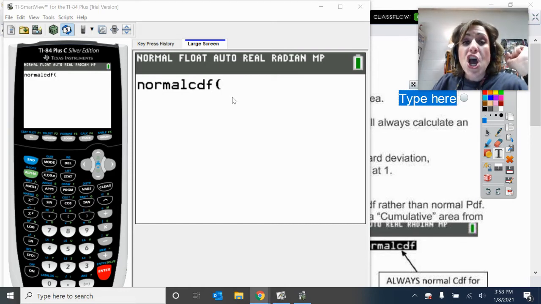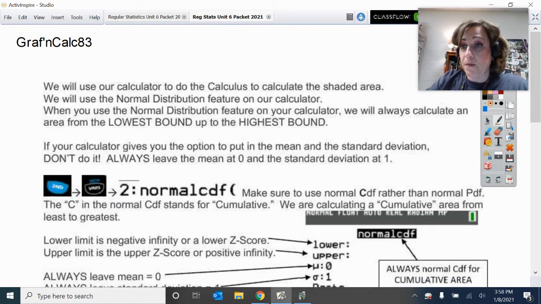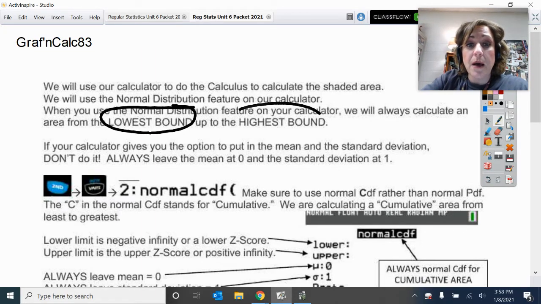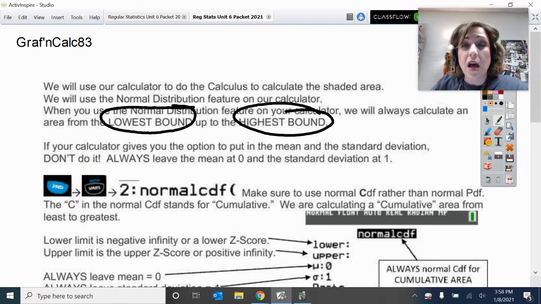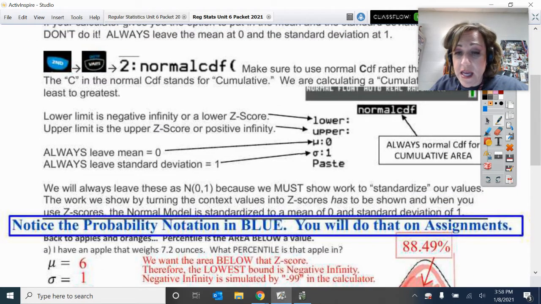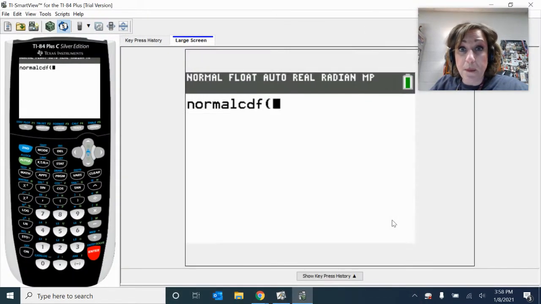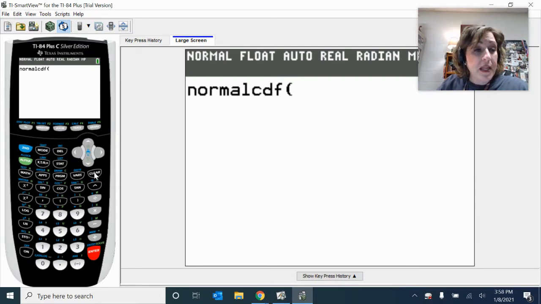When this shows up, we will always type in the lowest bound, where we want to go up to the highest bound of what we want to calculate. Now, if you happen to have the updated operating system, then let me show you what yours looks like.